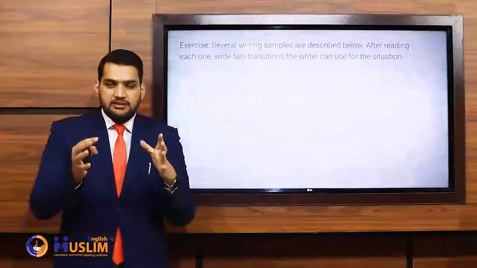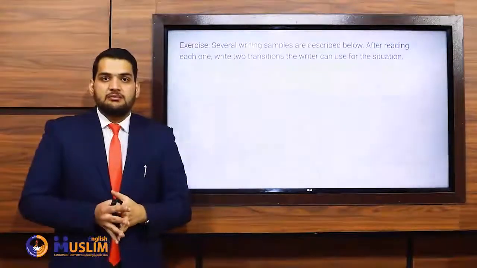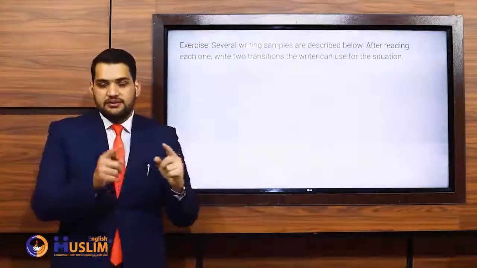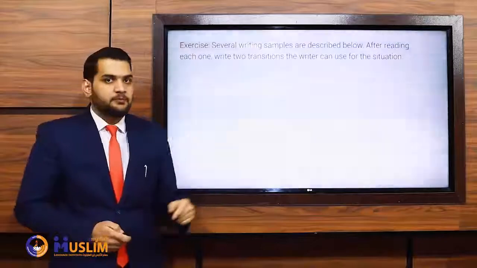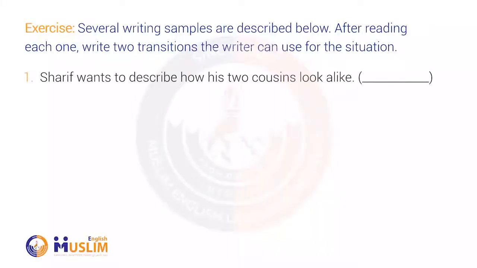Now let's do an exercise. Here, several writing samples are described. After reading each one, write 2 transitions the writer can use for the situation. So I'm going to give you a situation and you have to tell me at least 2 transitions for the specific situation. For example, number 1. Sharif wants to describe how his 2 cousins look alike.